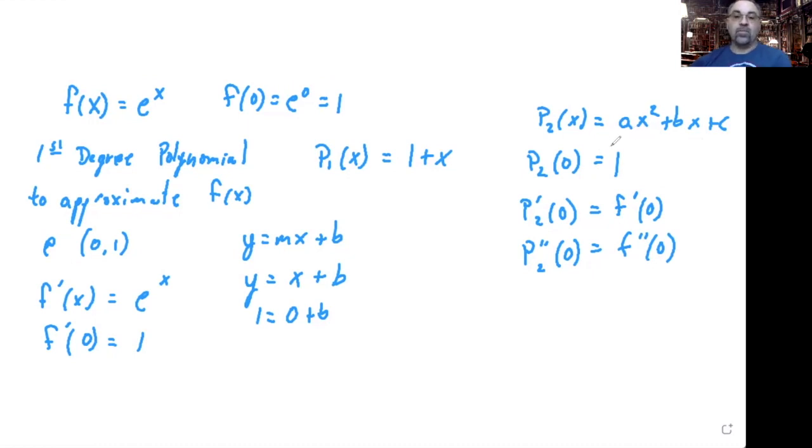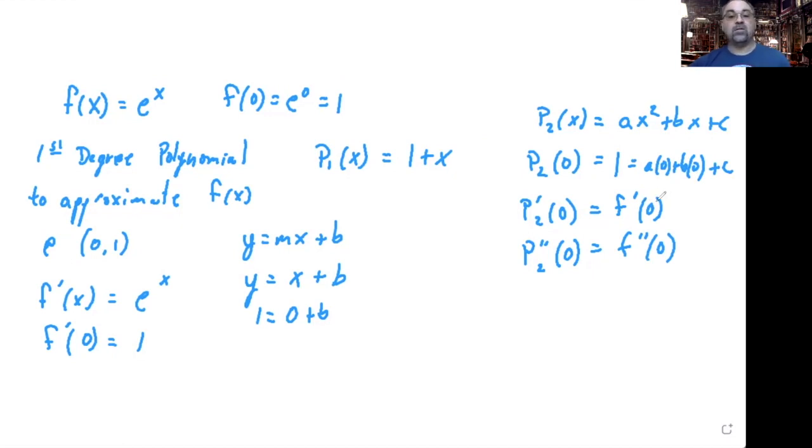For example, we know if P2 of 0 is 1, that's a times 0 plus b times 0 plus c. So there we go. Obviously, c is 1. We know f prime of 0 equals 1.